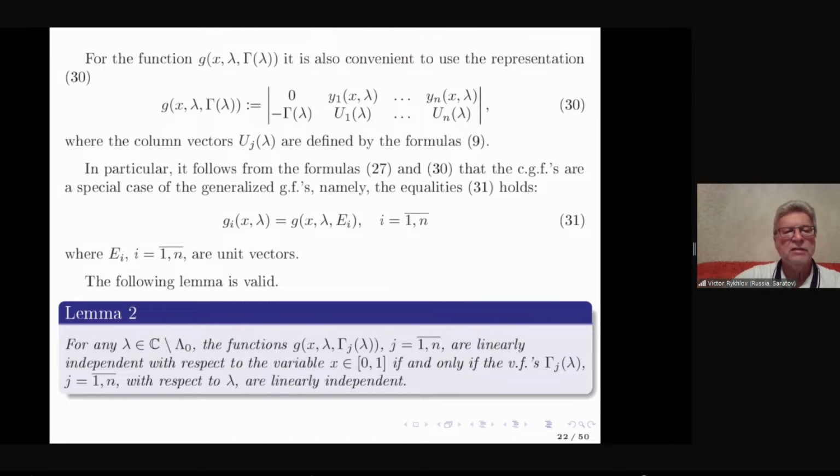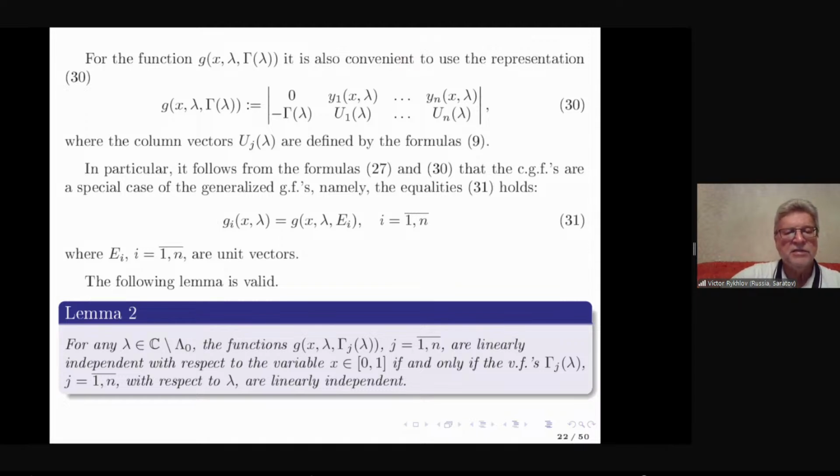In particular, it follows from formulas 27 and 30 that the classical generating functions are a special case of generalized generating functions, namely the equalities 31 hold, where e_i, i from 1 to n, are unit vectors.